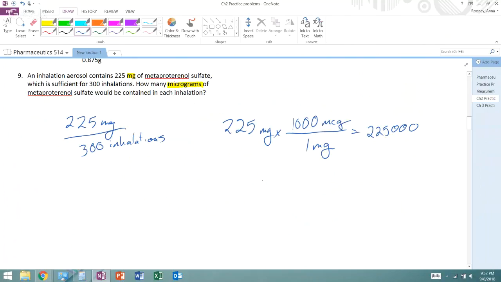Okay. And then we're going to take that number and divide it by all the inhalations, because we're trying to figure out how much would be... I should probably label this so that people know what I'm doing. So 300 inhalations.